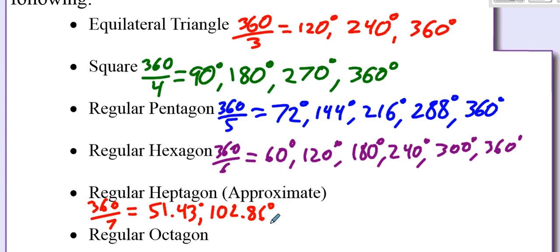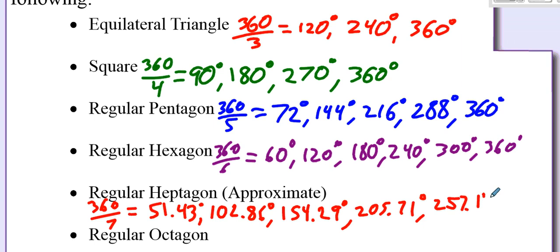Add it on again, you get 154.29. And again, 205.71. And again, 257.14. Another one, 308.57. And one more time, you get 360.